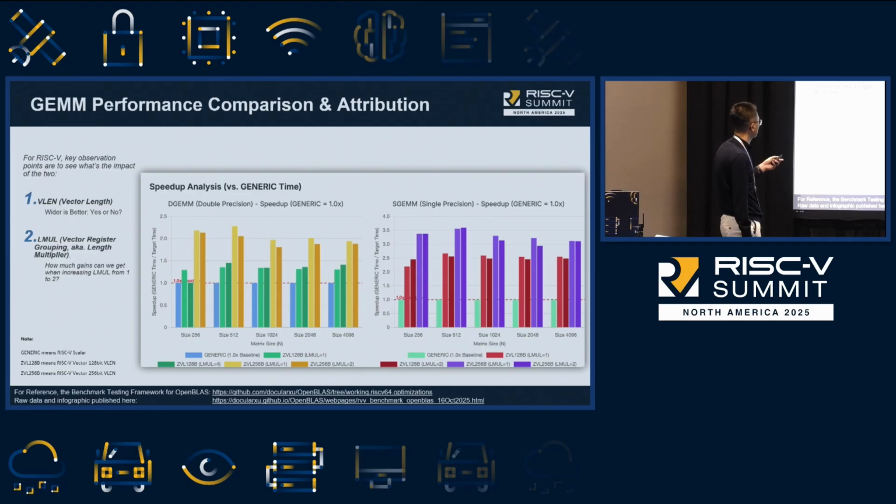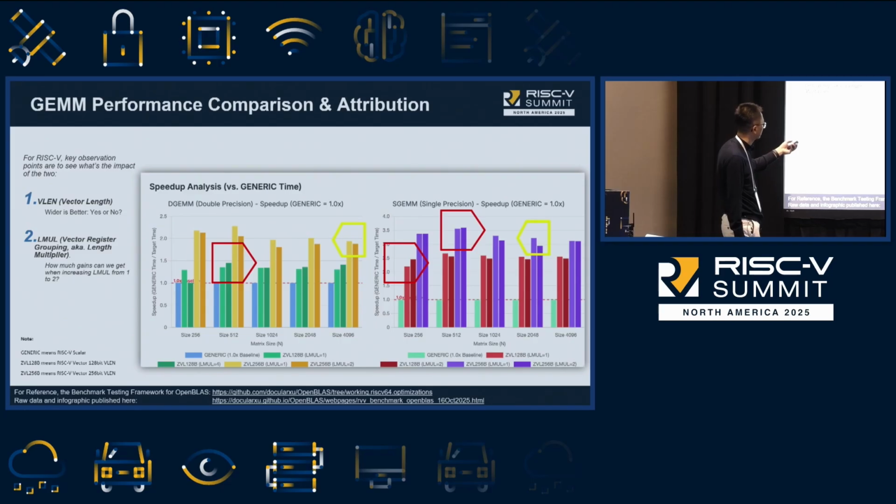Next, the goal is to compare the length multiplier, and whether we should use it. The picture is very complicated. Sometimes the length multiplier helps us, as the red arrow shows: you use the bigger length multiplier and you get quicker results. The size is the matrix size, here from 256 up to 4K.